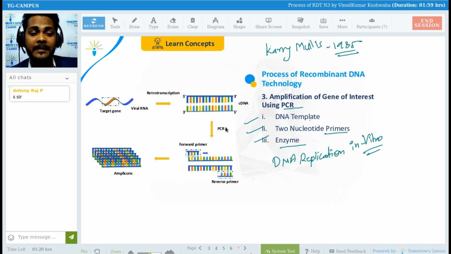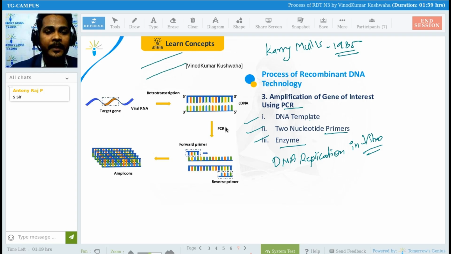Yes, primers are unidirectional, right? So the DNA template is bidirectional. When you denature the DNA, this DNA is always double stranded, so when denatured it becomes single stranded. Single stranded means two strands are there, which are separated.